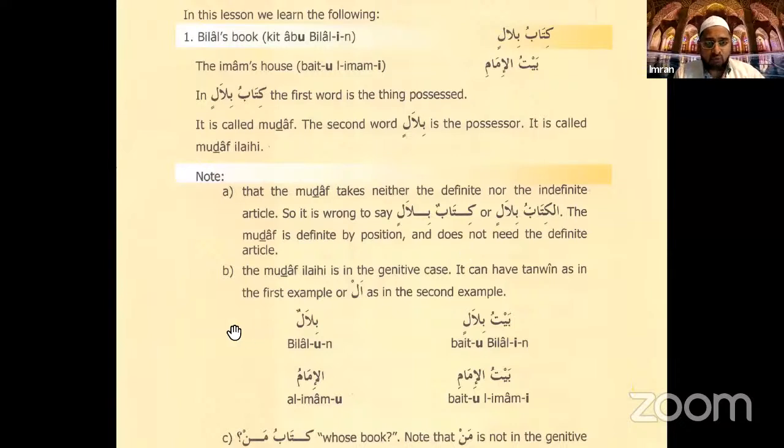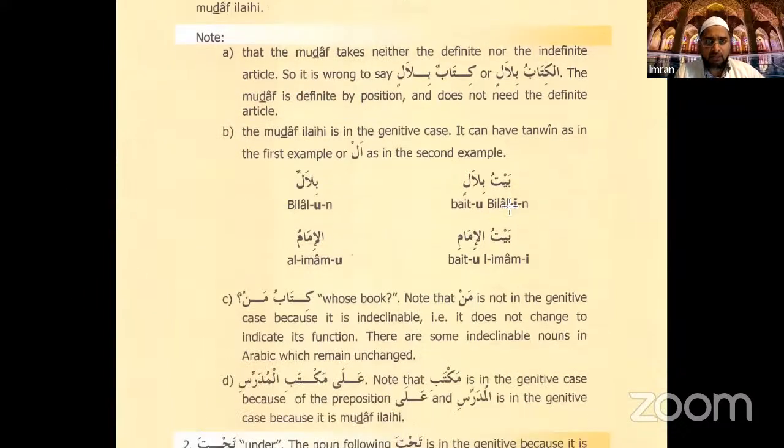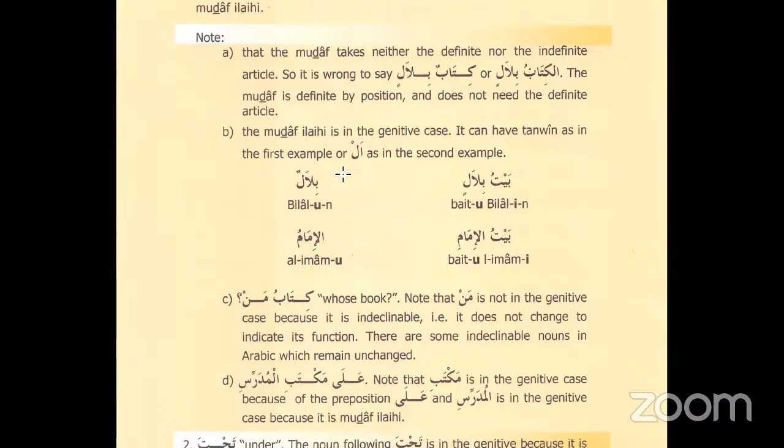And then example number B, Baytu. Go ahead. Read the explanation. The mudaf ilayhi is in the genitive case. It can have tanween as in the first example or al as in the second example.